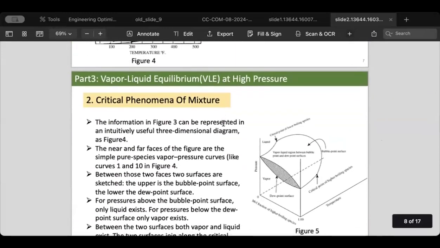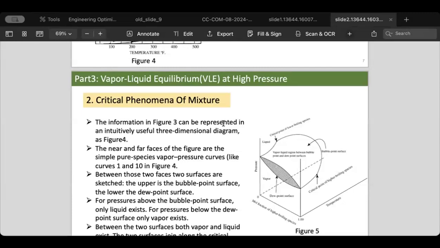So what is the shape of the vapor-liquid equilibrium when we consider different pressures and temperatures? We consider the case of high pressure and high temperature.